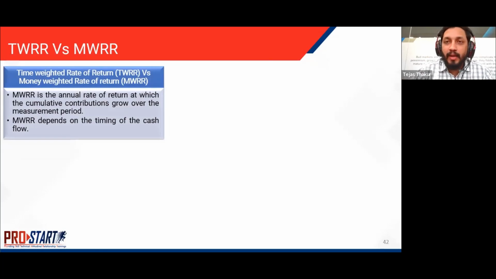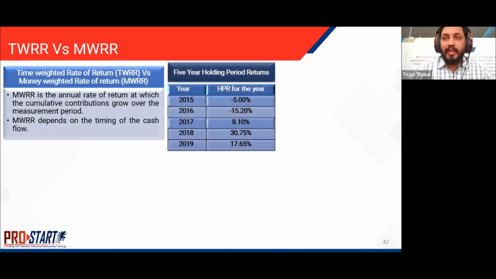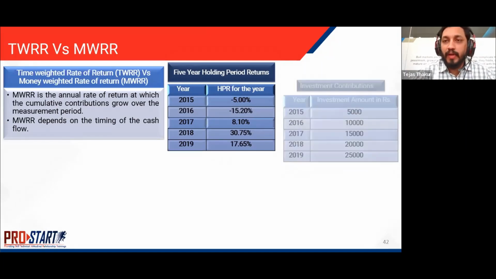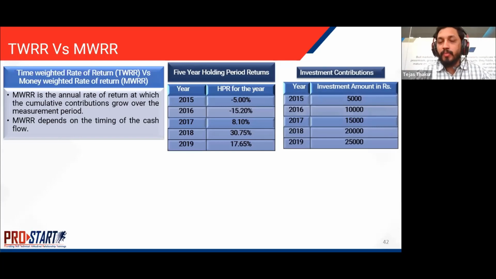Starting with MWRR, what MWRR does is basically, MWRR is an annual rate of return at which the cumulative contributions grow over the measured period. So it is dependent upon those contributions, and hence it depends on the timing of the cash flow. Just to take an example, if there's a 5-year period and these are the holding period returns for those 5 years, and these are the contributions that the investor has made at the beginning of each year.